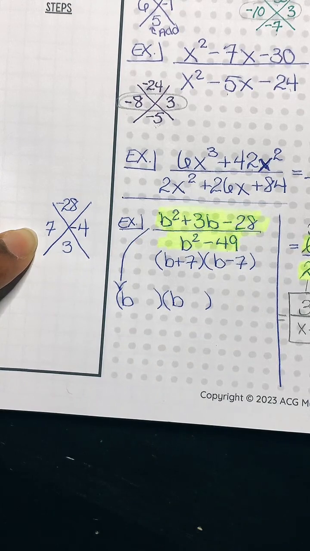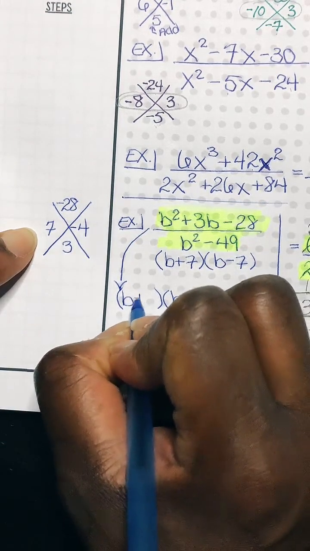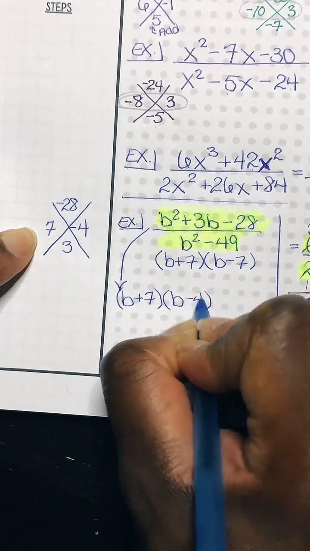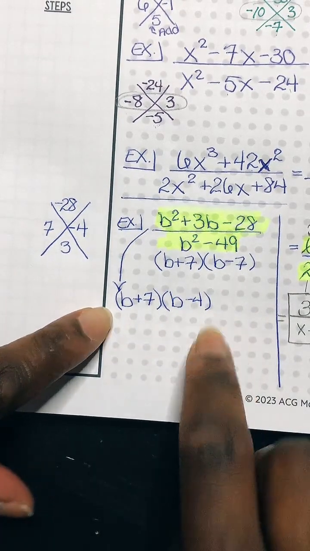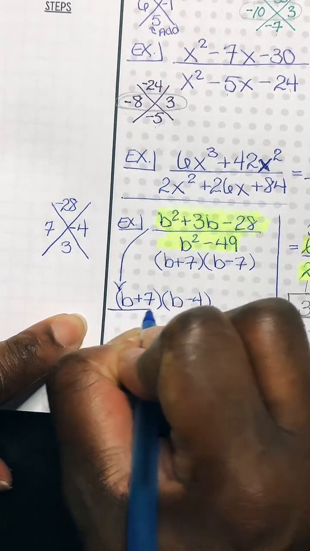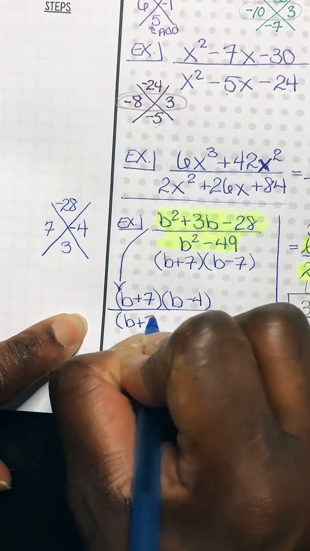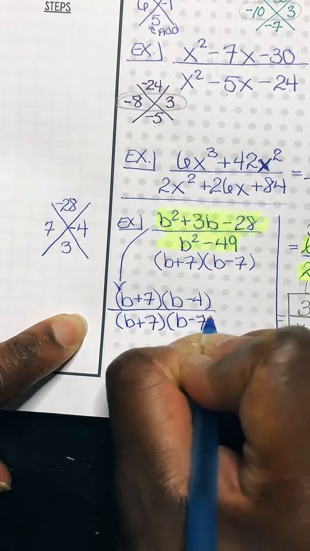No apologies needed. Okay, this is how we're learning. So we do our plus 7 and our minus 4. Okay, so this is my numerator. So let me bring the denominator. So that's b plus 7 over b minus 7.